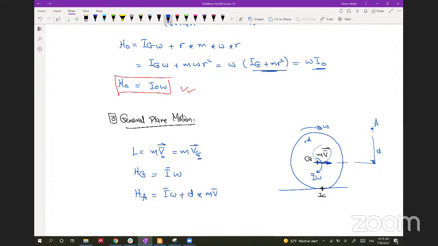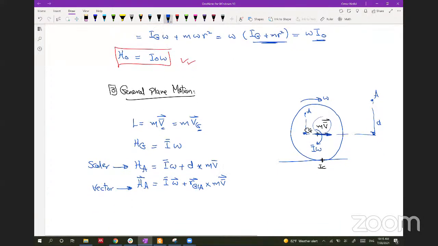And this is the scalar form. If you want to get the vector form, it will be I, the mass moment of inertia, which is a scalar, but omega is a vector, plus the r vector, where r is r G with respect to A, crossed by m v bar vector. So this is the scalar form, and this is the vector form.